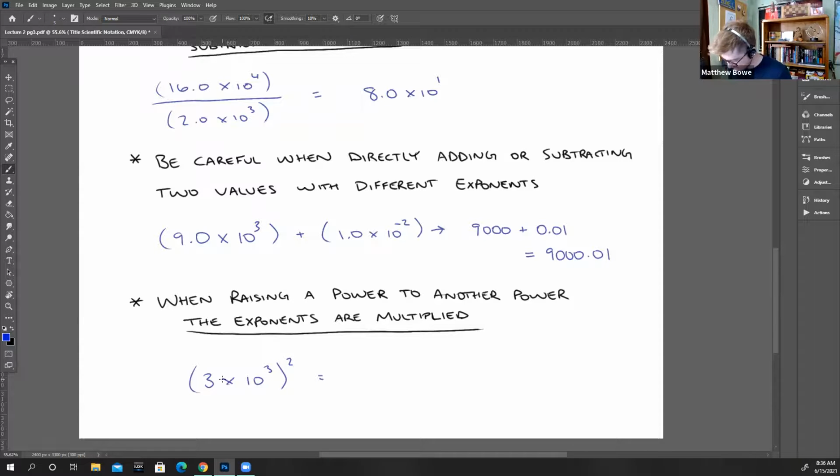So 3 squared is 9, but the exponent is added, times 10 to the 6th. I'm sorry, the exponents are multiplied.